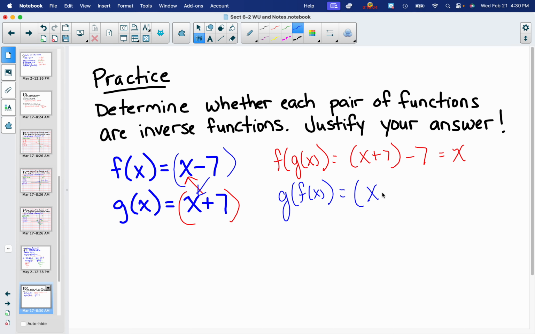I get x minus 7 plus 7, which gives me x. Therefore, in math, that means therefore, f of x and g of x are inverse functions.